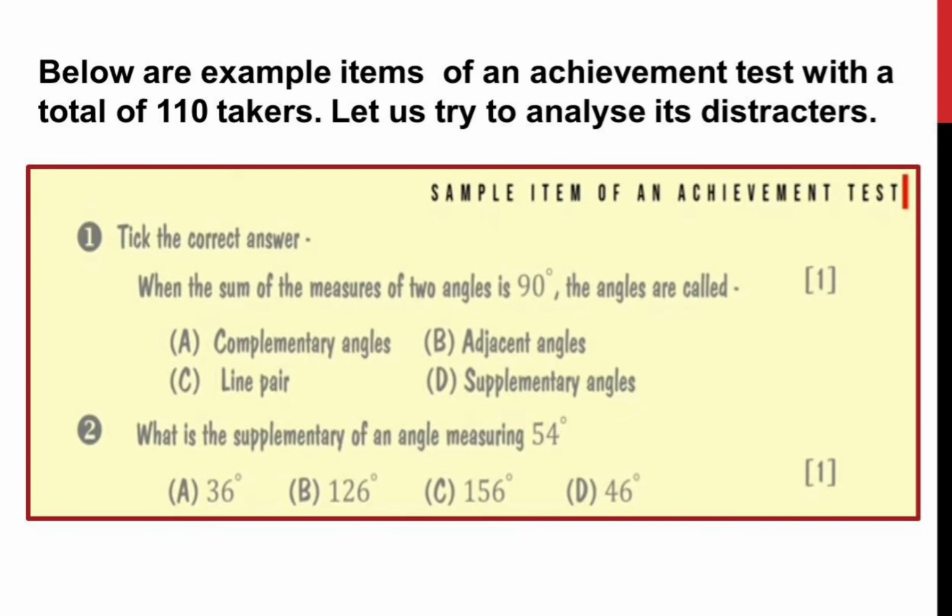When the sum of the measures of 2 angles is 90 degrees, the angles are called A. Complementary angles, B. Adjacent angles, C. Line pair, D. Supplementary angles. Question number 2. What is the supplementary of an angle measuring 54 degrees? A. 36 degrees, B. 126 degrees, C. 156 degrees, D. 16 degrees.